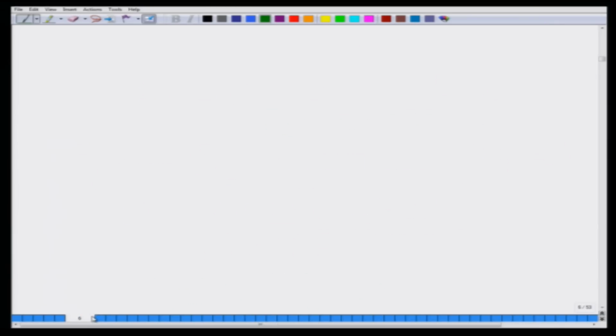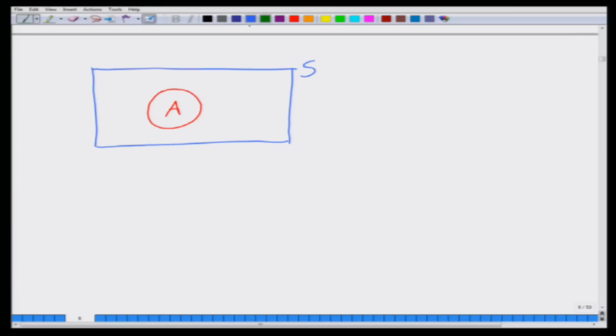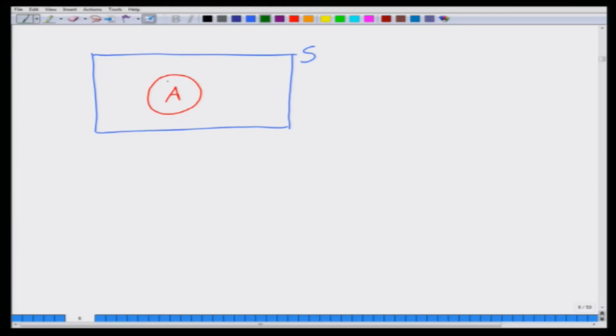Also further, from elementary set theory, you should be familiar with the concept of a complement of a set or the complement of an event. Now, let us consider, to illustrate it pictorially, if this is my sample space S, and if this is my event A, all the sample points that are in S but not in A, for instance, this shaded region over here, that represents the complement.